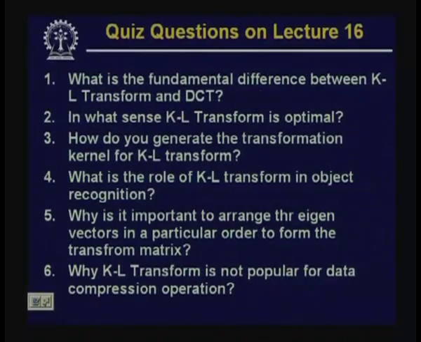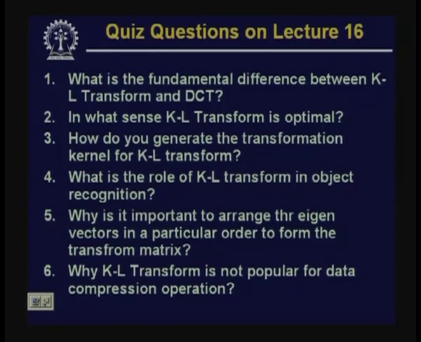Now, coming to today's lecture, questions on today's lecture. The first question is, what is the fundamental difference between the KL transform and the discrete cosine transform? The second question, in what sense is the KL transform optimal? The third question is, how do you generate the transformation kernel for the KL transform?